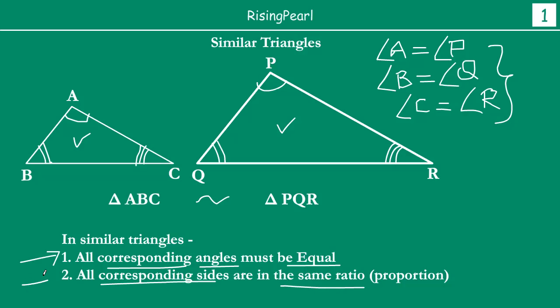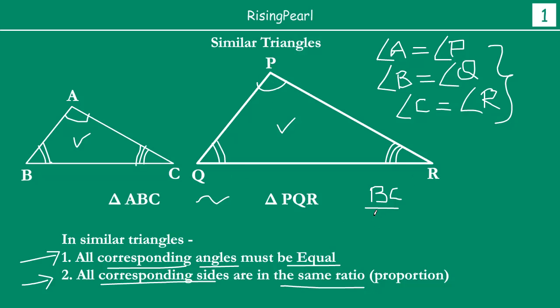This is our second condition. What does this mean? We saw in the last video. So the side opposite to angle A is BC. So BC divided by, because we are looking at the ratio. So angle A and angle P are equal. So opposite to angle P is which side? QR.